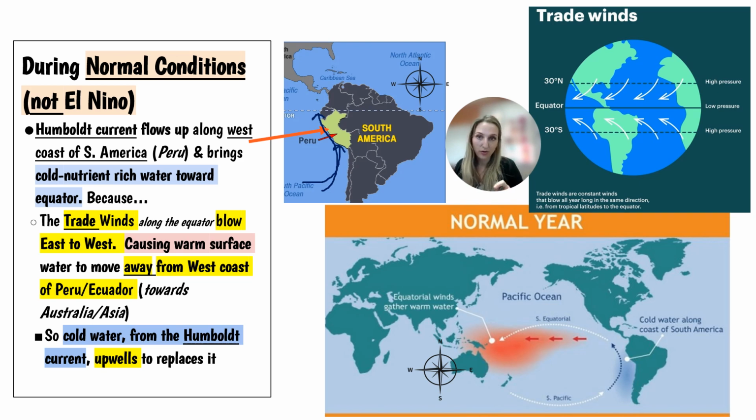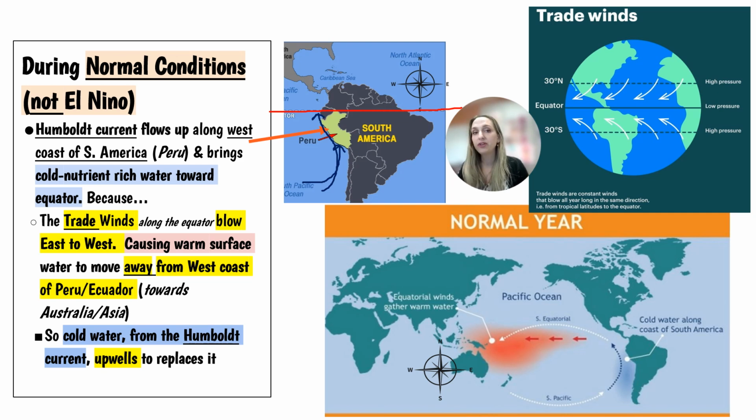During a normal condition, not El Nino, not La Nina, the Humboldt current is going to flow up along the west coast of South America, and it brings cold, nutrient-rich water towards the equator. And here you can see that the equator is there. Why does this happen?